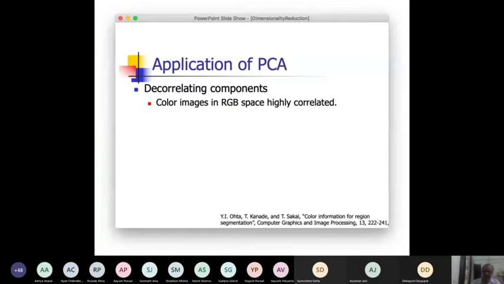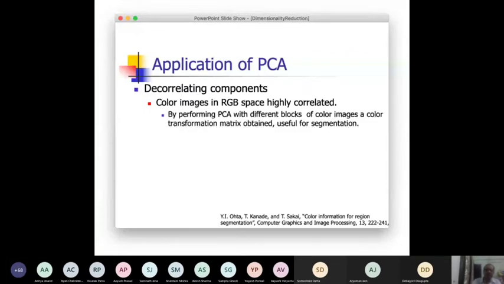Usually chrominance is represented in two-dimensional space, but RGB does not have that kind of separation. Everything, red, green, blue, together represents the color. But if we can decorrelate, we can find the intensity part and the other chrominance parts.